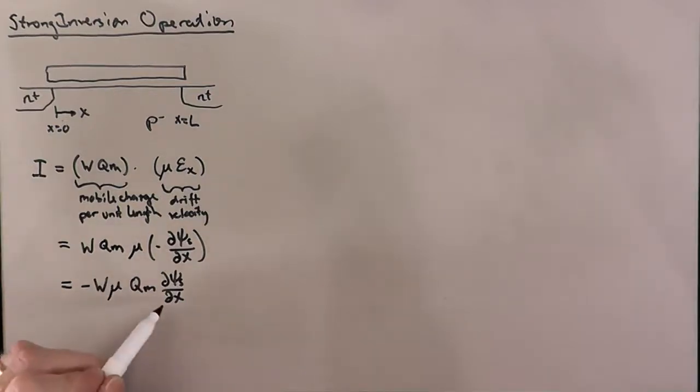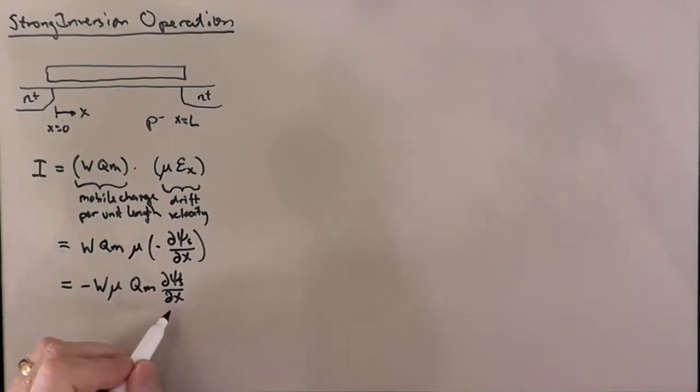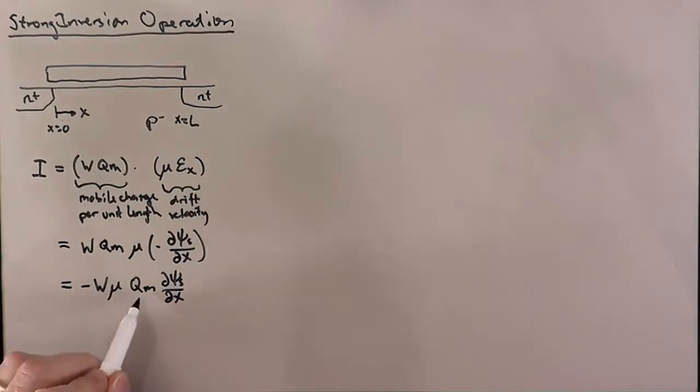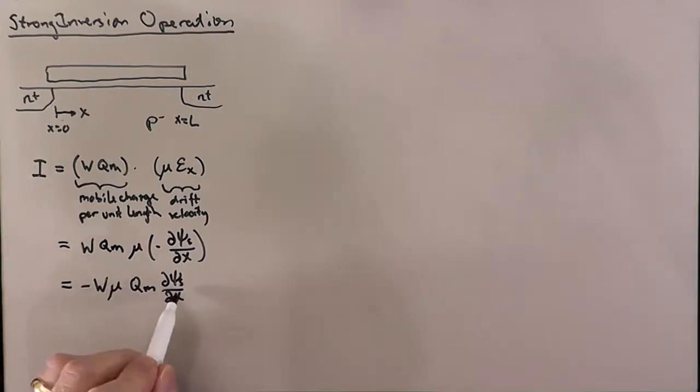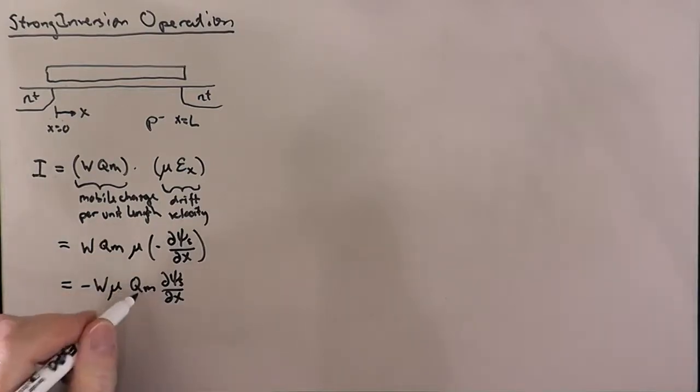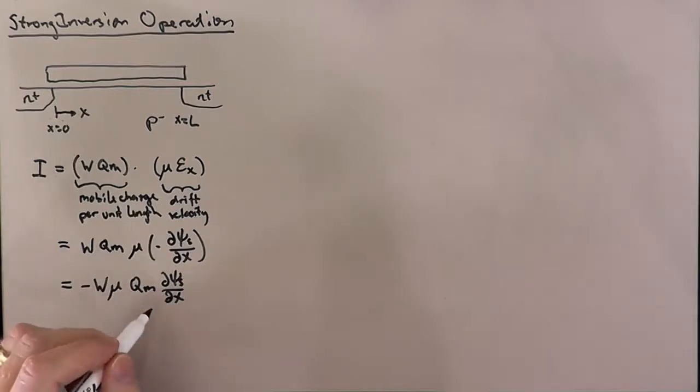Obviously, we're not interested in expressing the current as a spatial derivative of position. We'd like just a current in terms of the terminal voltages. And there are two ways that people go at this point. Either they try to express Qm in terms of the potentials and integrate over potential, or they try to express the electric field in terms of the charge density and then integrate over charge density. We're actually going to take the second approach, and so we're going to need to find a way of expressing Qm, or rather d psi s dx, in terms of Qm.